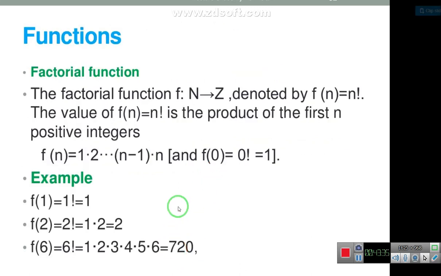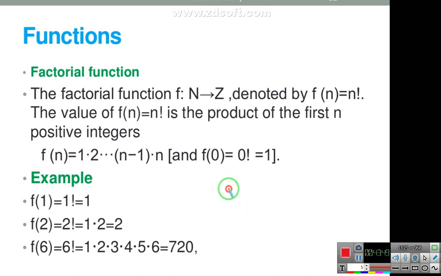Now we have another function, the factorial function. You know about the factorial, what does factorial mean? If you have 3 factorial, it means 3 multiplied by 2 multiplied by 1.